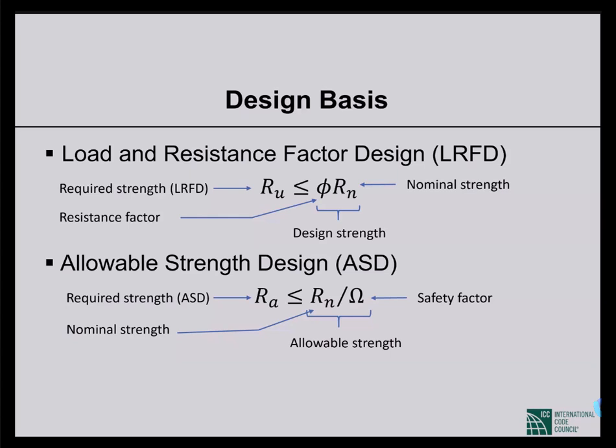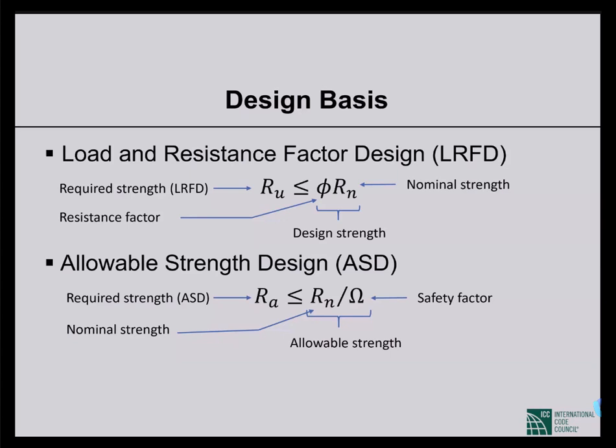And then for LRFD design, we multiply it with the resistance factor, a kind of capacity reduction factor. And then we compare with the required strength, that is the strength needed from the point of view of load. Now, in the calculation of load in the LRFD method, we use another factor, which is the load factor.